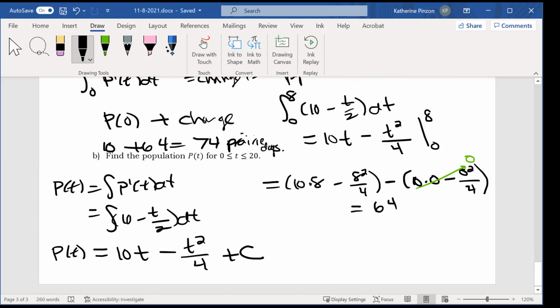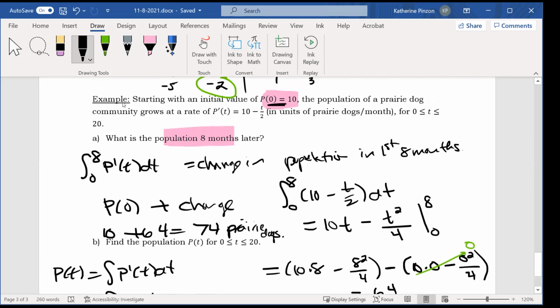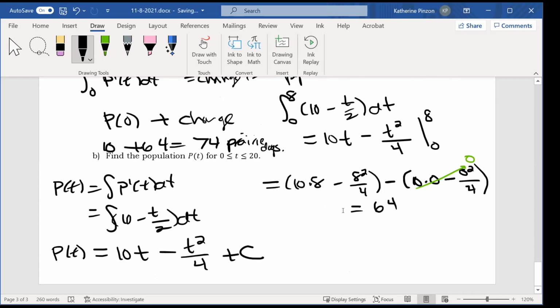Can you find this C? How are you going to find this C? Yeah, use the fact that P of 0 equals 10. Right here, use the fact that P of 0 equals 10.